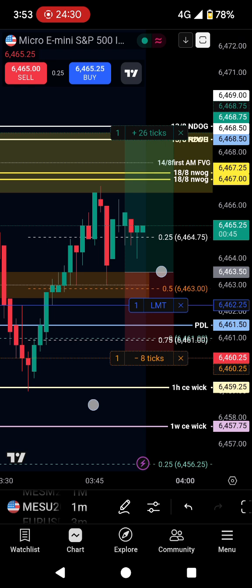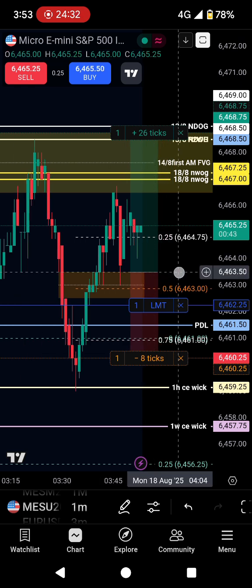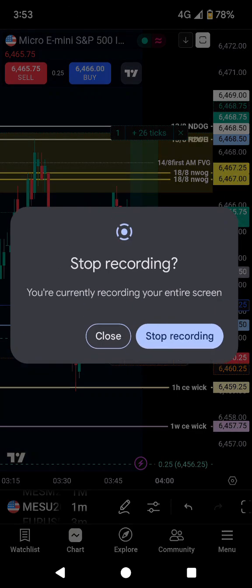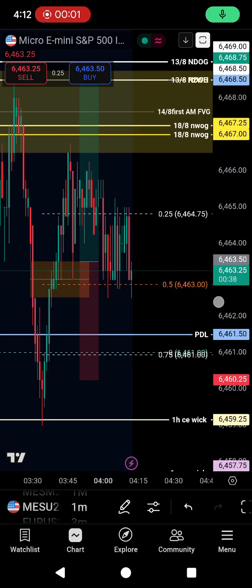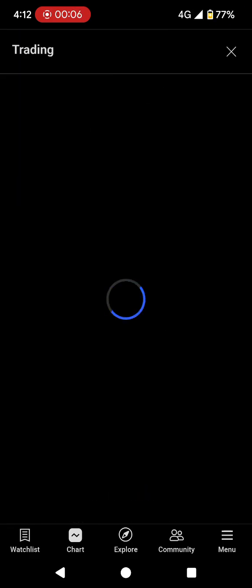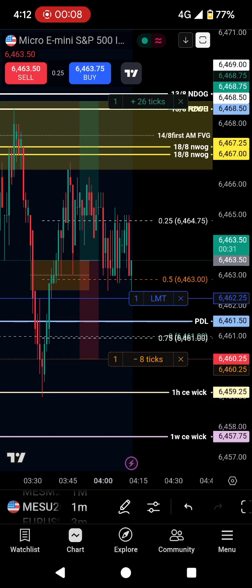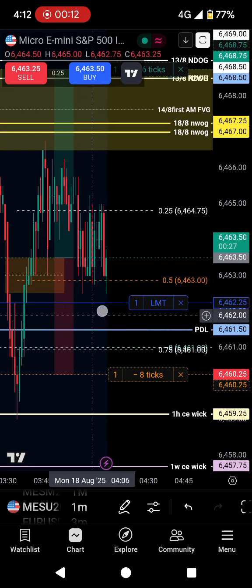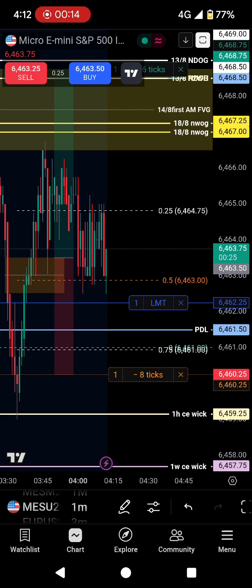So till we just come back and see, okay, if we get this inversion fair value gap or this one. Okay, see if we get filled or not. Almost there. Almost there here. Okay, just a little bit more.